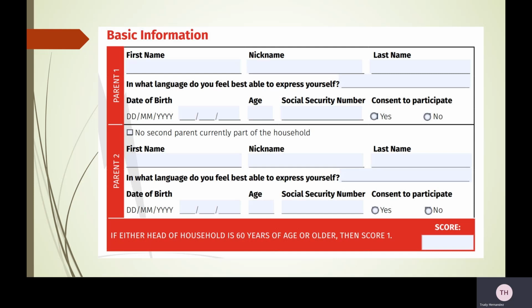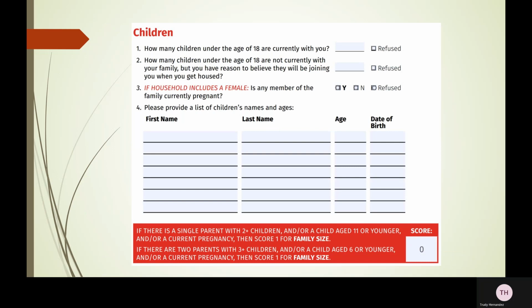So if either head of household is 60 years of age or older, then they would score a 1. The children section asks several questions. So question 1 is, how many children under the age of 18 are currently with you? So this is, if they're staying in a shelter, these are the children who are staying in that shelter with the family.